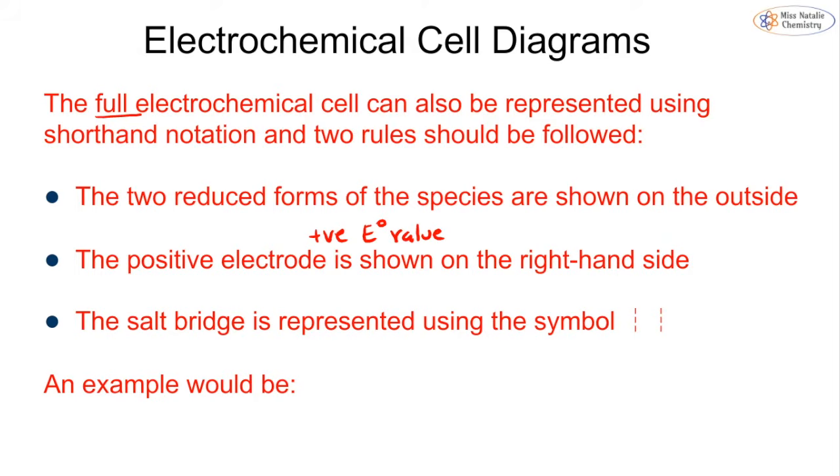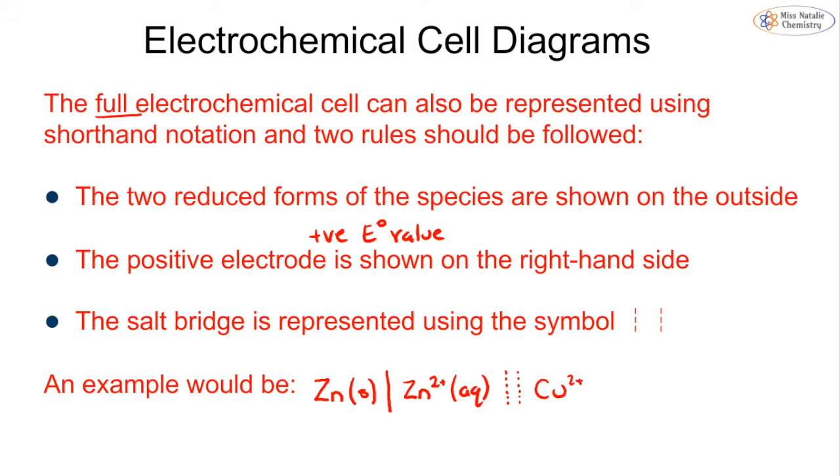So for example, if we think back to our zinc and copper cell that we were looking at, we would have the zinc solid, because that's the reduced form, with the phase boundary to the Zn2+. I then have my salt bridge, my two dashed vertical lines.